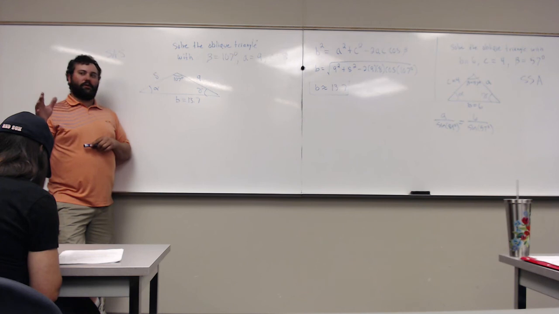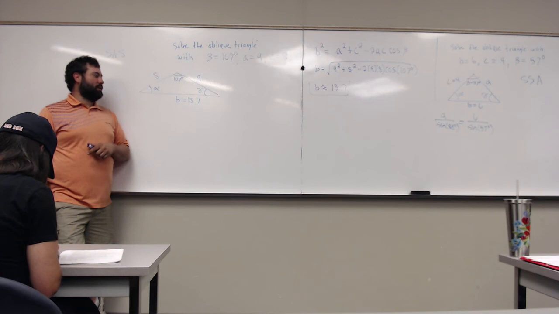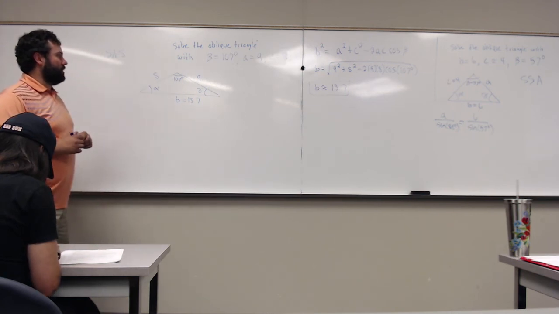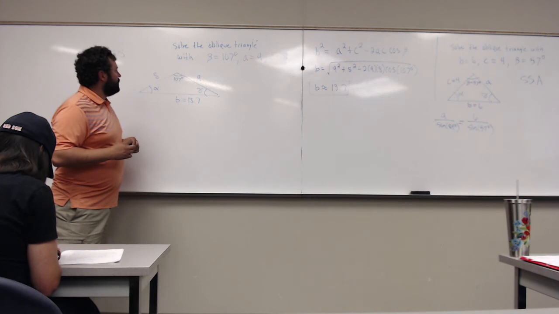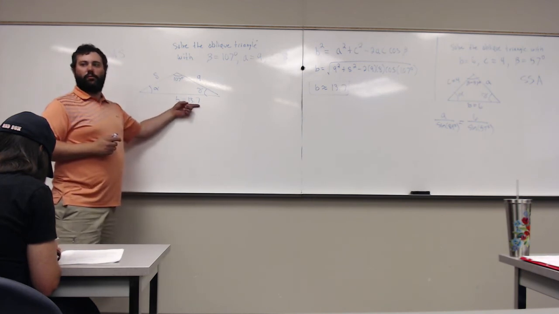If your answers are off by just a little bit, to me it doesn't matter as long as you're applying the laws properly and you're getting the same values essentially. We'll do it both ways just to see if it works out. Either way you have to use 13.7 in either formula.